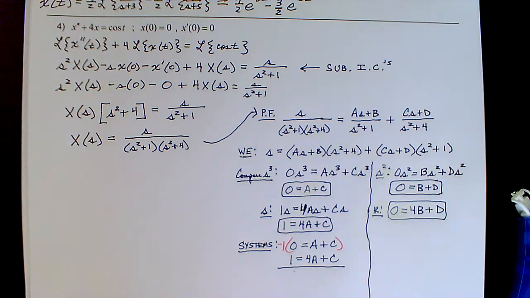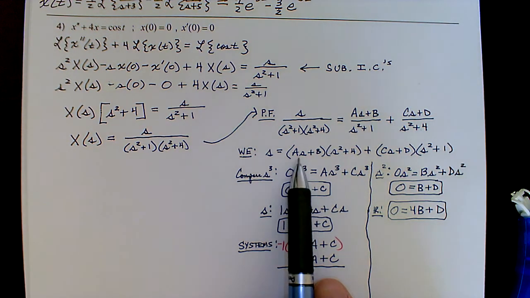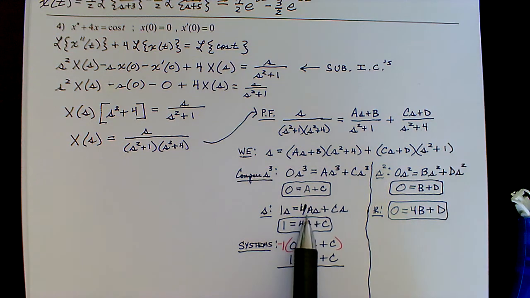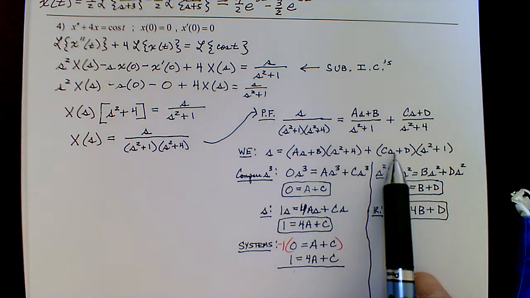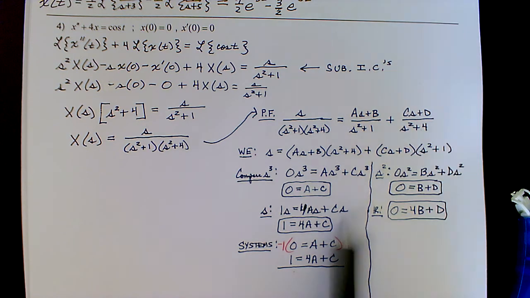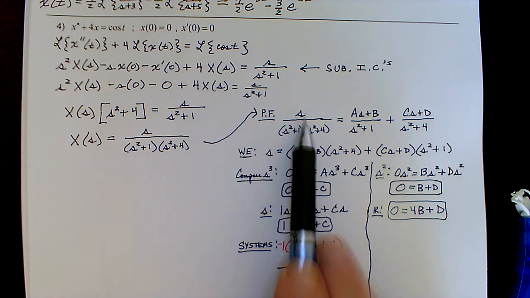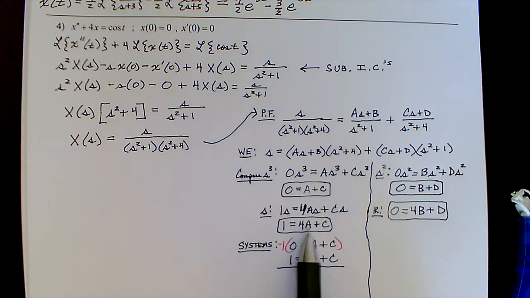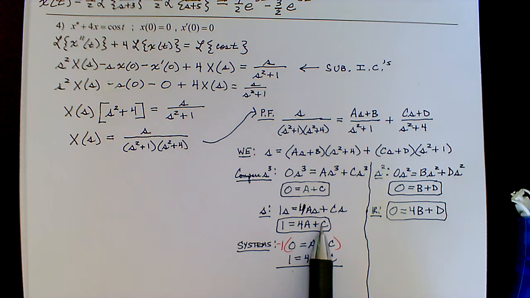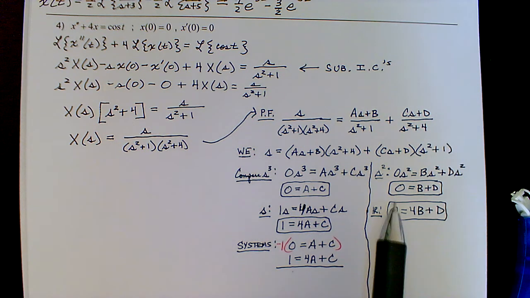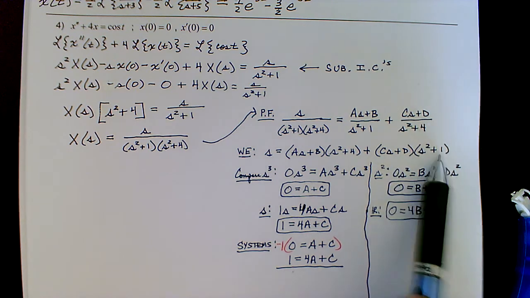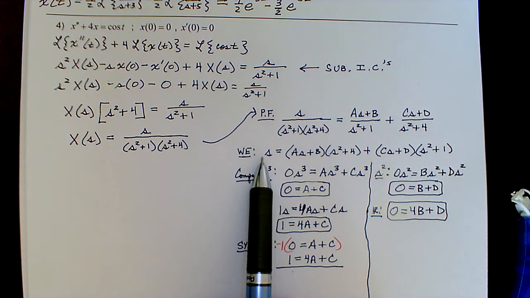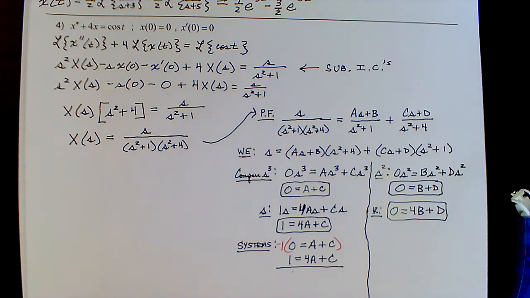So when I was comparing the s's, they had as times 4 to get 4as, and there was no other s's involved there. And then similarly here, cs times 1 gives us cs, and there was one s on the left-hand side. And then dividing out the s's, we got that. Then comparing the reals, b times 4, 4b on the right, d times 1, 1d, and there's no constants on the left, so that's it.